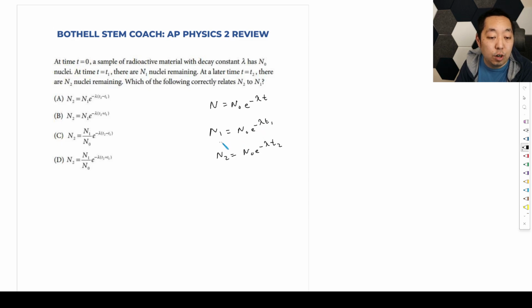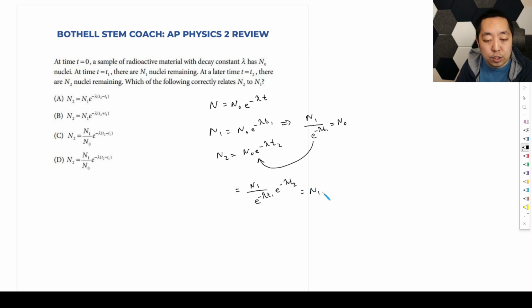What you can do is solve for n0 here. So you get n1 over e to the negative lambda t1 is equal to n0, and plug that into here. So n2 is going to be n1 over e to the negative lambda t1, times e to the negative lambda t2. Because these are both the same base e, you just subtract their exponents, so it's going to be negative lambda (t2 minus t1).